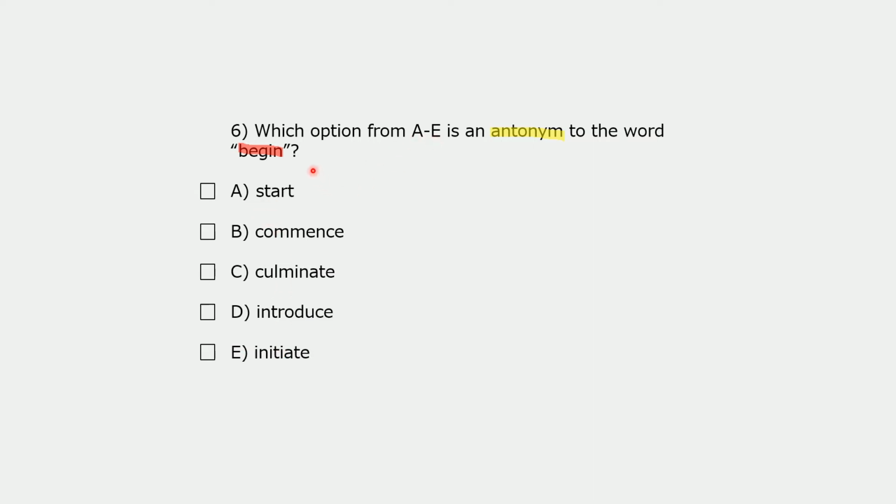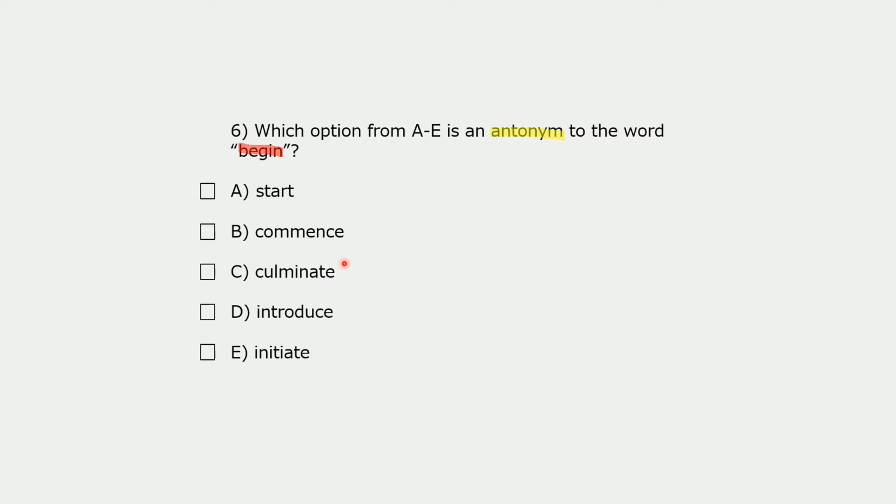So now we need to figure out what's the opposite of begin, as we know that antonym is a word that means opposite of. So begin means start. So option A is not right. Begin also means commence. Option B is not right. Begin, what do we think?